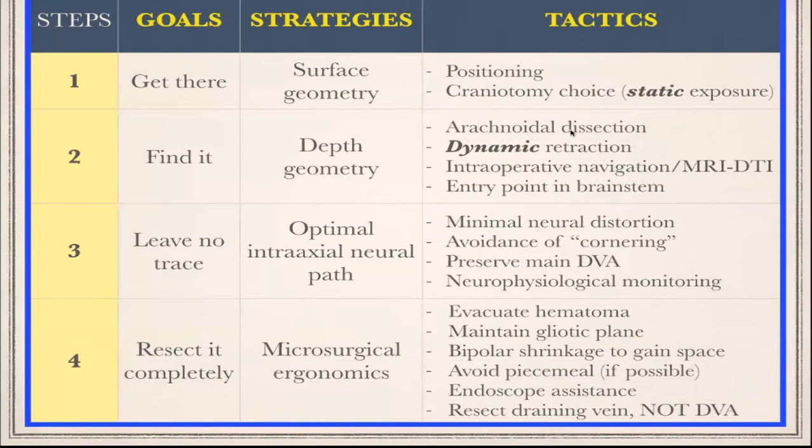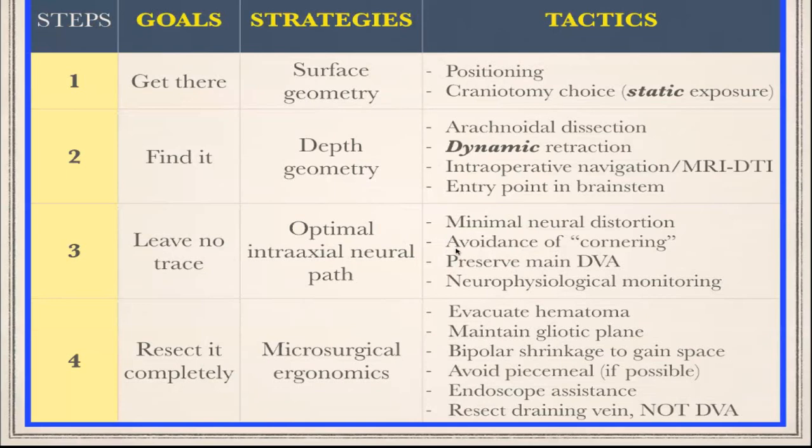Once you open your cranium, you have to dissect the arachnoid, and then you dynamically move neural structures out of the way. Dynamic retraction doesn't mean you put a spatula and you leave it there. You move your cerebellum temporarily with your sucker. You move the brainstem temporarily with your sucker, and so forth. Navigation is very useful. Preoperative MRI and tractography is very useful. And then the very important issue, where is your entry point?